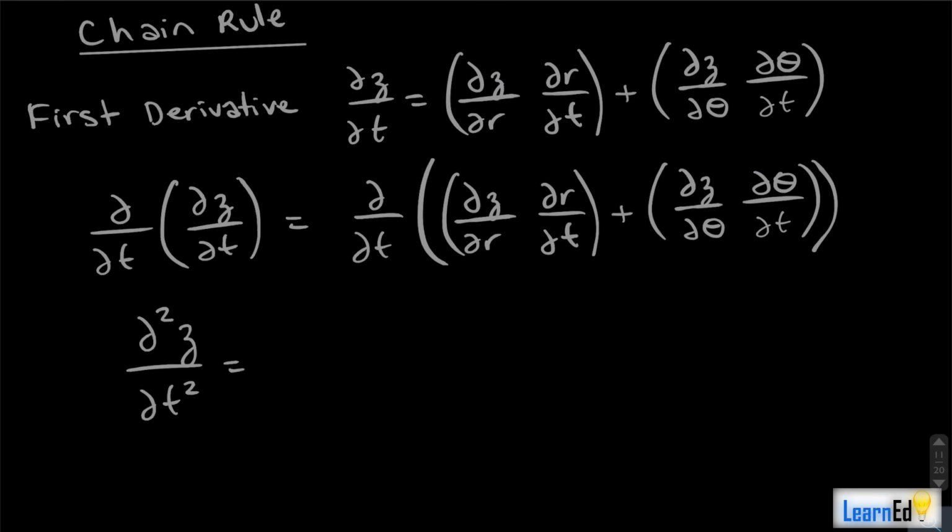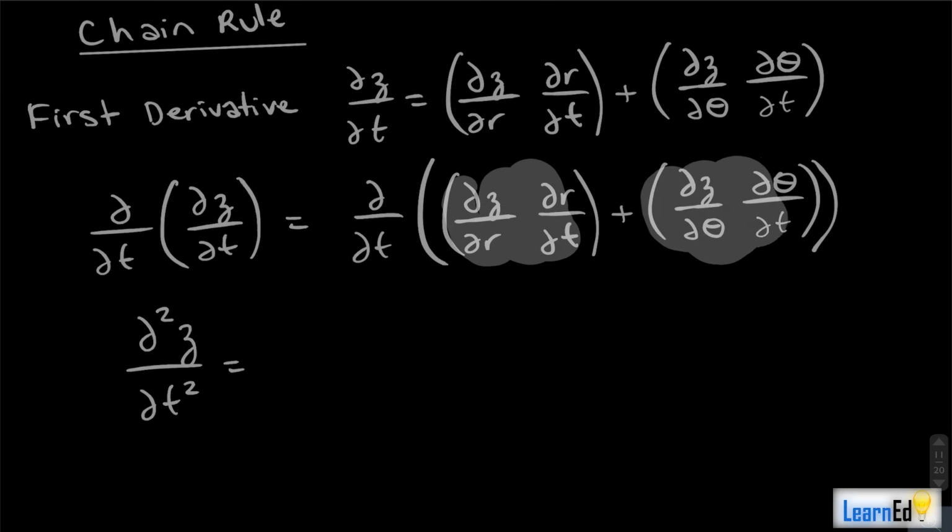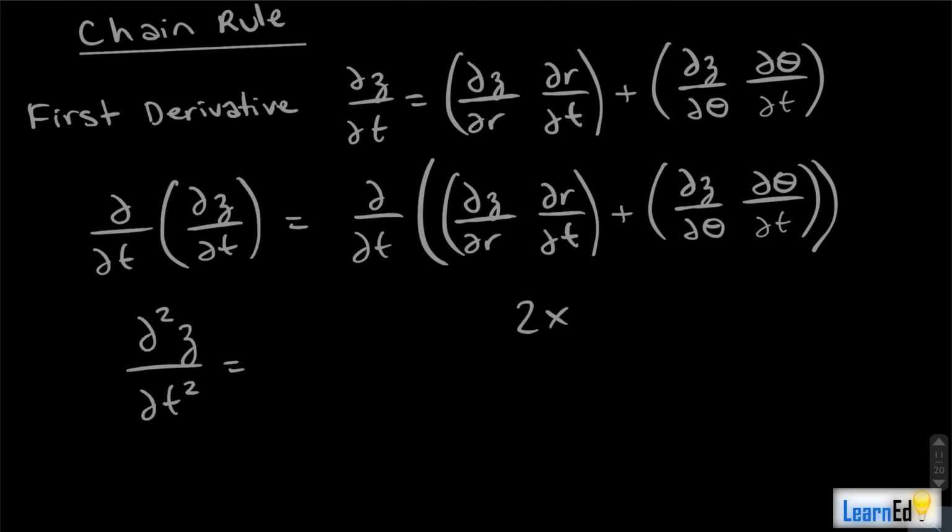What we're going to have to do is use some product rule here. The reason why is, first off, these are two separate terms. This thing and this thing are two separate terms. It's kind of like having 2x plus 2 and taking a derivative with respect to x. That's just 2 plus 0, right?